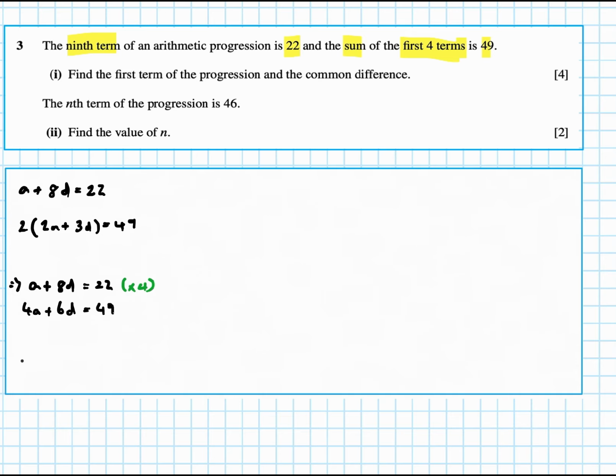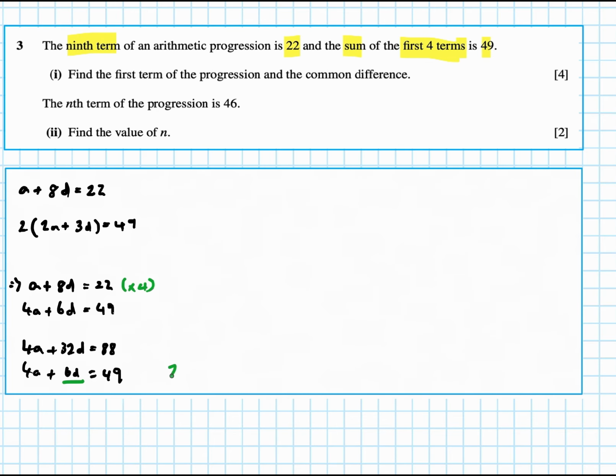So 4a plus 32d is equal to 88, and from there we can find one of our unknown values. So same sign, subtract is a little mnemonic, and you should end up with, actually it's a fraction, so don't think that these will always be whole numbers.